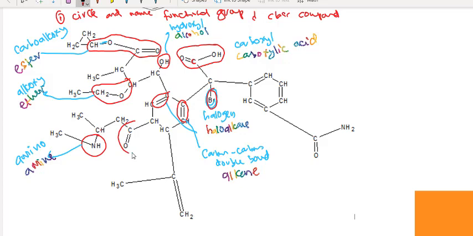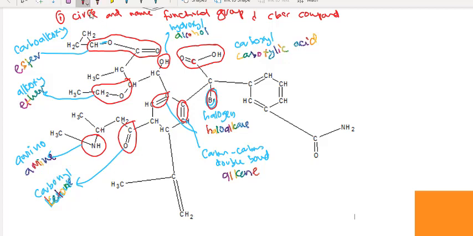C double bond O. C double bond O. So ni functional group dia adalah carbonyl and class of compound is ketone. Okay, kalau boleh awak guna berlainan warna untuk bezakan class of compound dengan functional group.